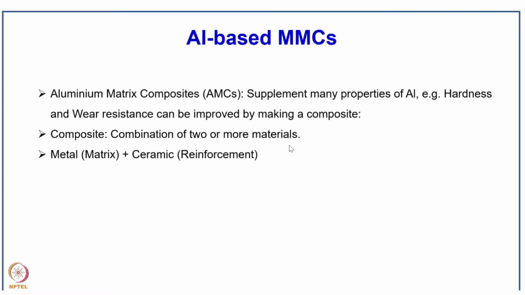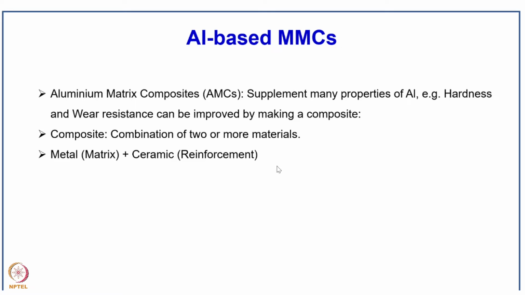Okay, so for example, if you select a ceramic material as the second phase, then as you know, ceramic materials possess high hardness. Okay, and therefore if you could incorporate a ceramic material into the metallic matrix, then you can expect to improve the hardness of the metal.